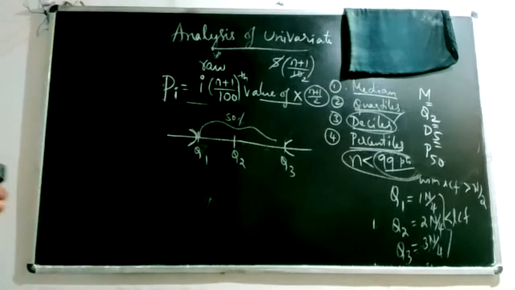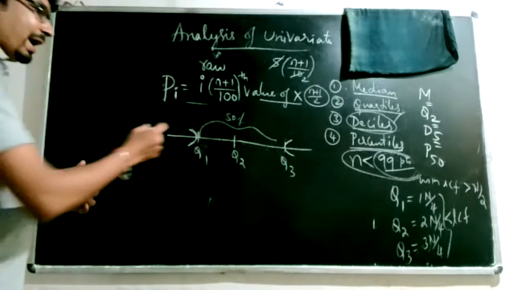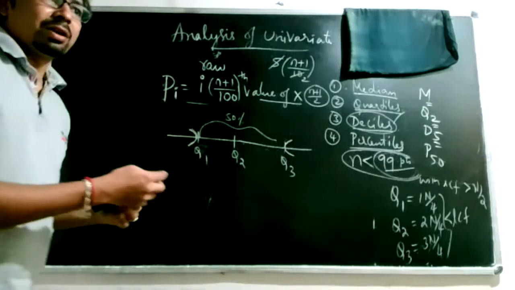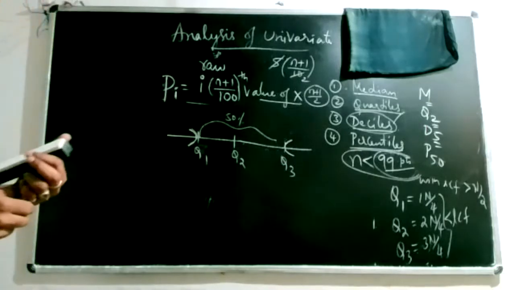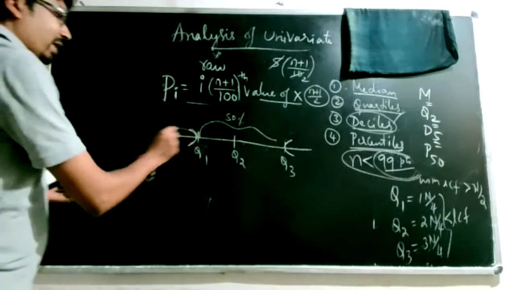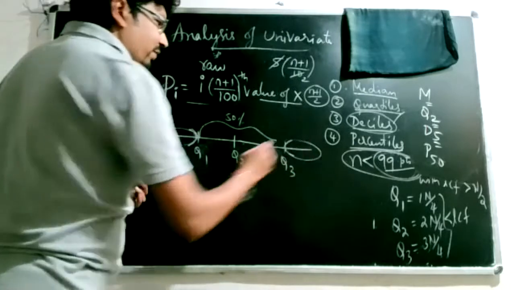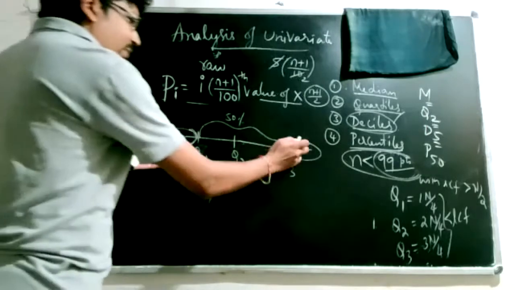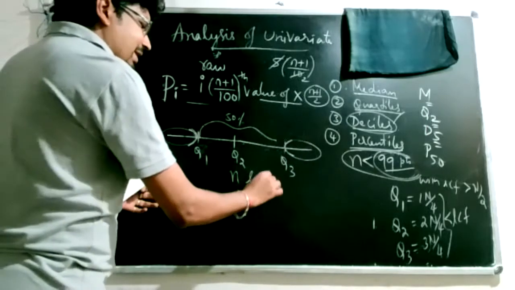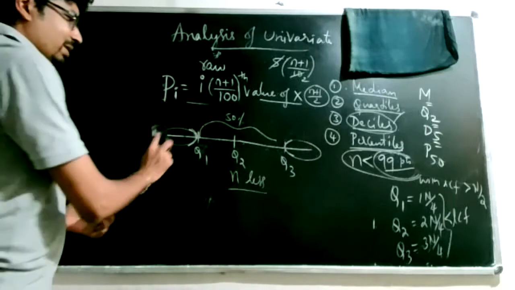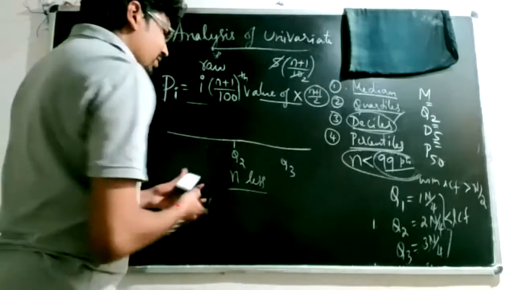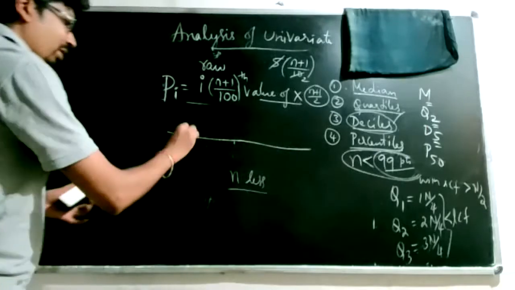Every number collected has some contribution towards the characteristics of the population, and we are missing out 50% of the data. So some people say that whenever you have fewer observations, instead of using quartiles, you can take the decision based on your deciles or percentiles.